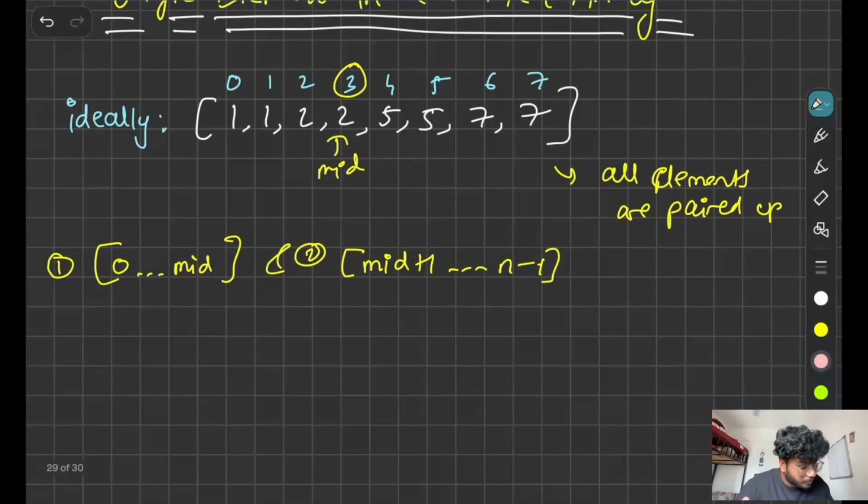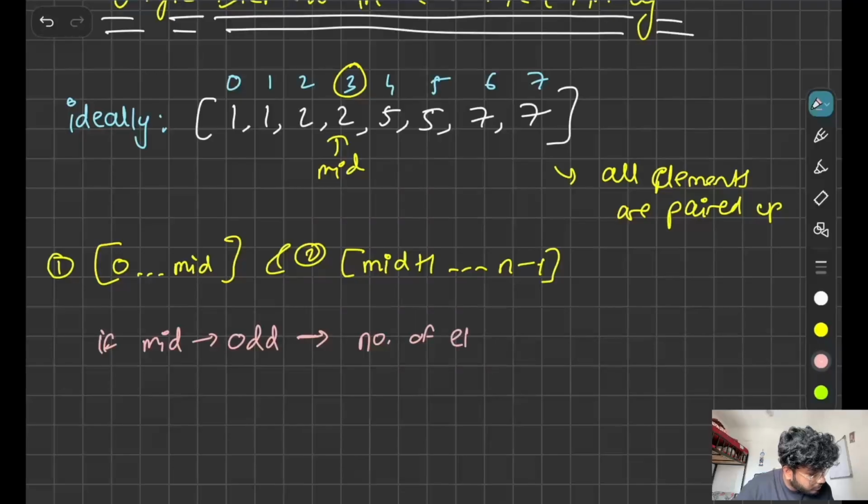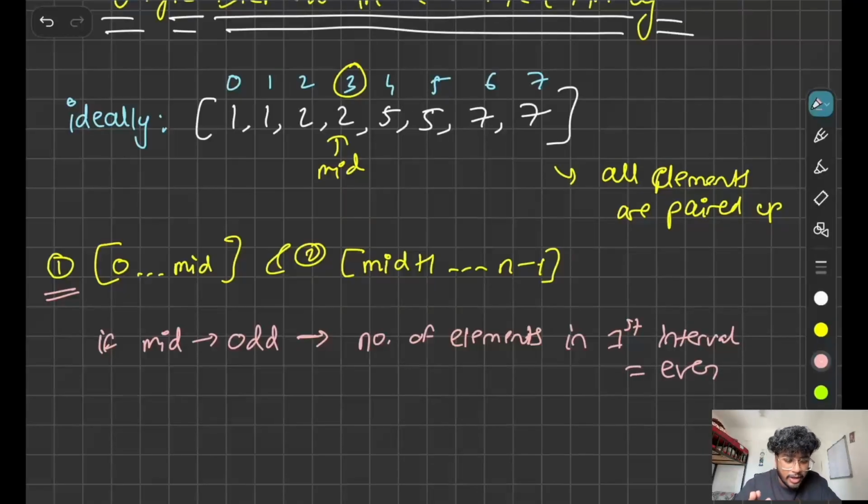If my mid is odd, the number of elements in the first interval is even.